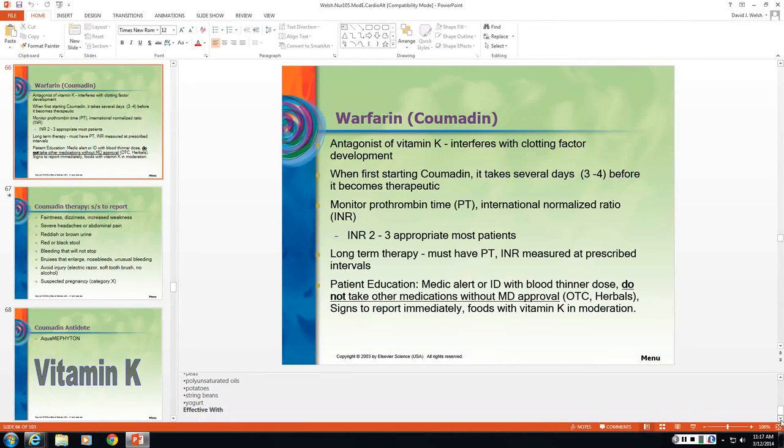You also want them to stay away from foods high in vitamin K, or eat them in moderation.